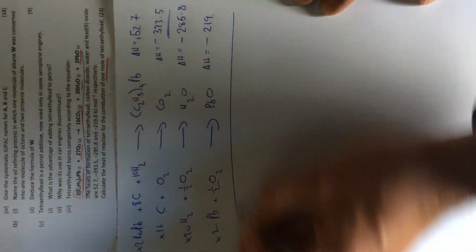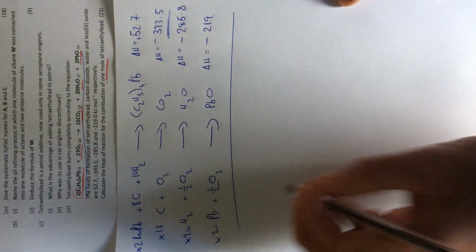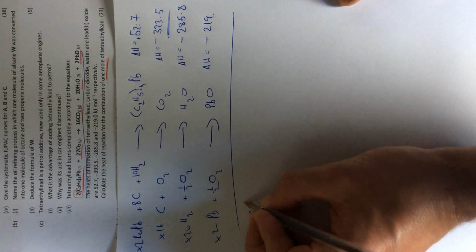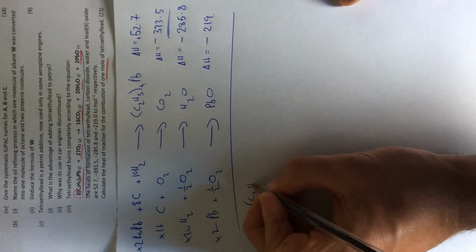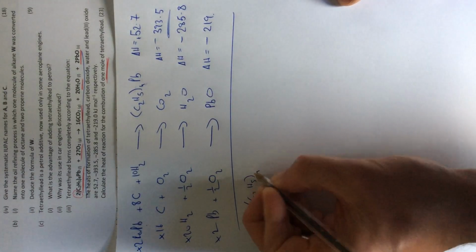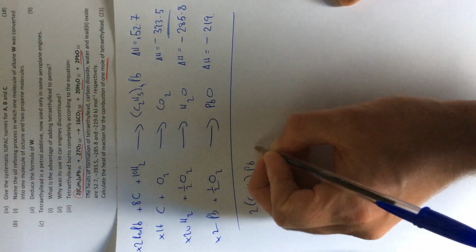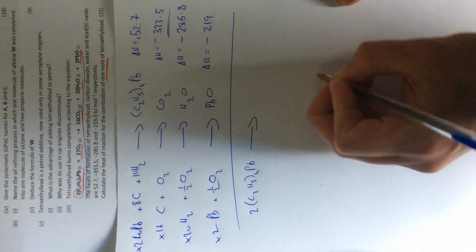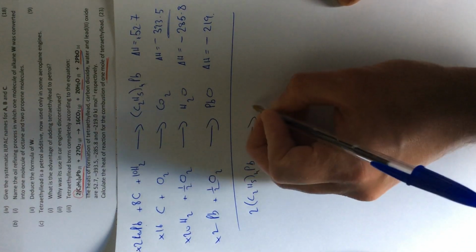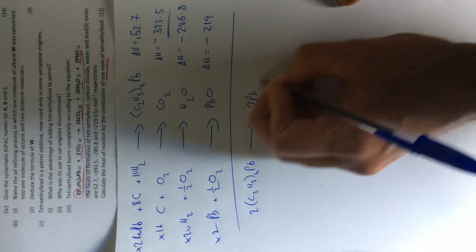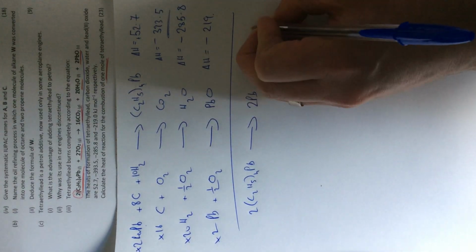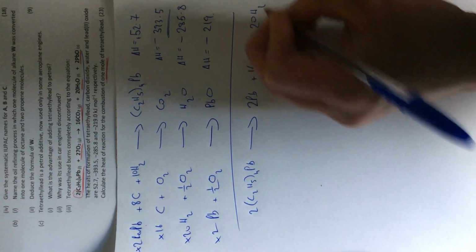All right, so let's apply that to all of these. So if we reverse and multiply by 2, we end up getting 2 tetraethyl lead. Reversing that, so now we're going to have 2 Pb, we're going to have 16 C, and we're going to have 20 H2.